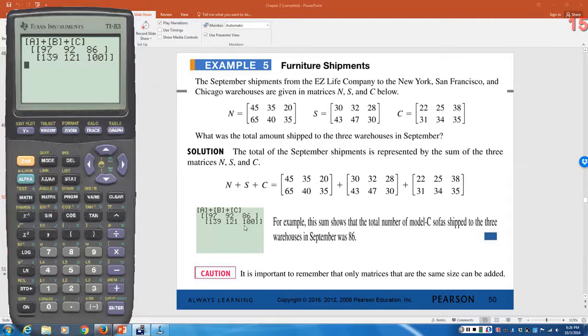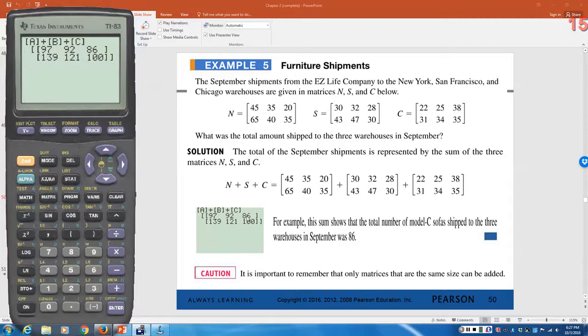And then a question I might ask you on the quiz, once I have you come up with the sum, will be to tell me what is the significance of the 86. What does that mean? And what it means is that there's 86 Model C sofas that are shipped to the 3 warehouses in September.